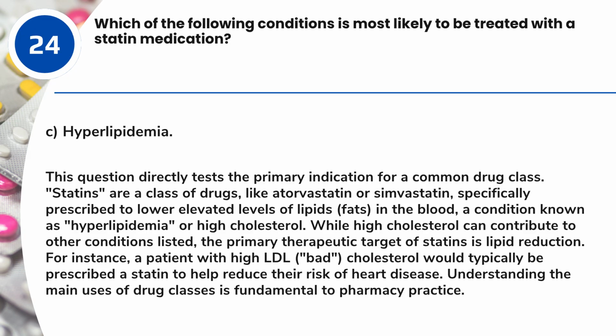While high cholesterol can contribute to other conditions listed, the primary therapeutic target of statins is lipid reduction. For instance, a patient with high LDL, bad, cholesterol would typically be prescribed a statin to help reduce their risk of heart disease. Understanding the main uses of drug classes is fundamental to pharmacy practice.